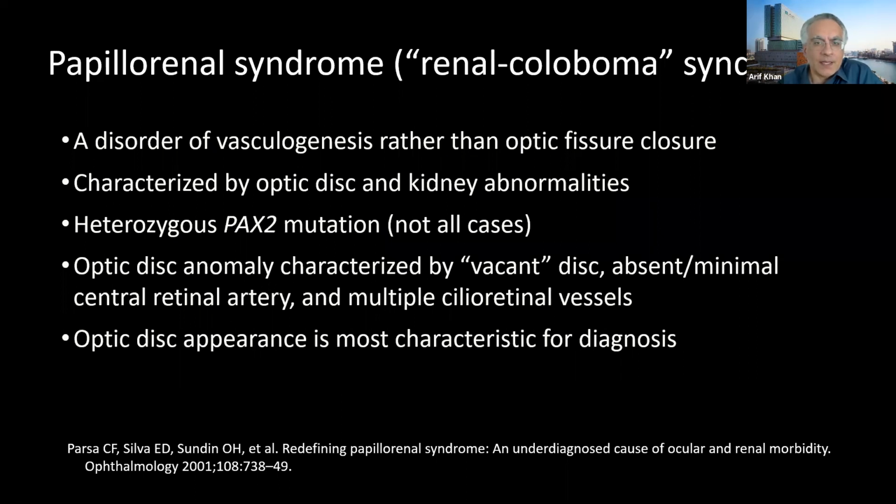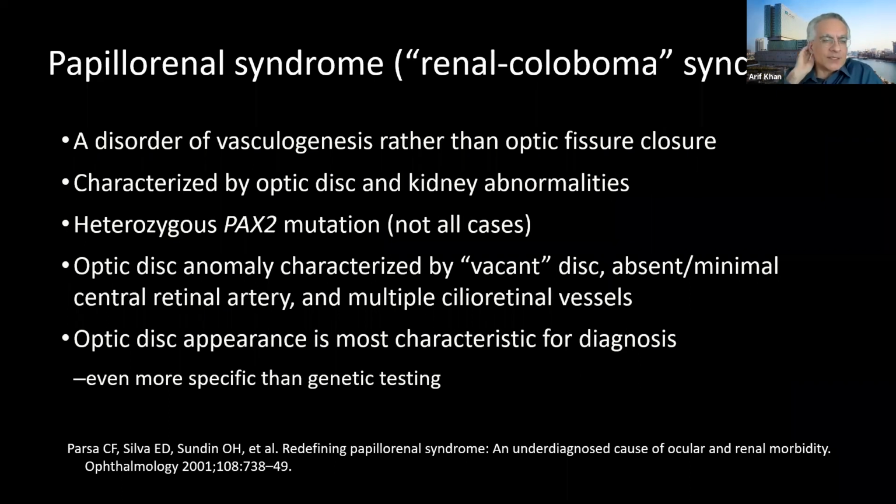And I'm happy to share this with you because we see it. It's autosomal dominant. It's not more common in the region than other regions of the world, but we see it. And I'll tell you, if you go to the adult glaucoma clinics and you pull out all of the charts of patients who were diagnosed with low tension glaucoma, and then from those charts, you find the patients who had idiopathic renal failure, some of those patients are papillorenal syndrome.